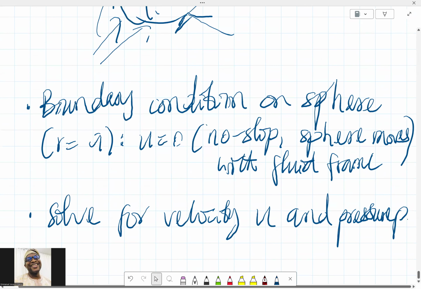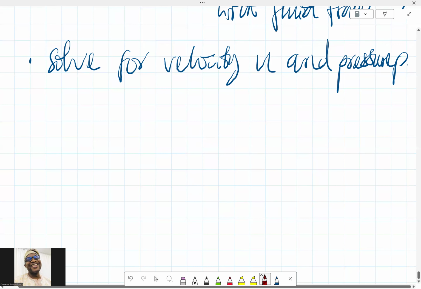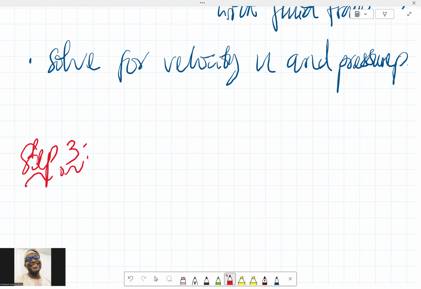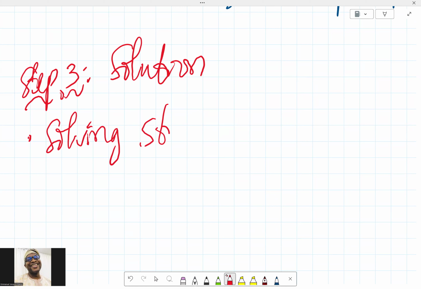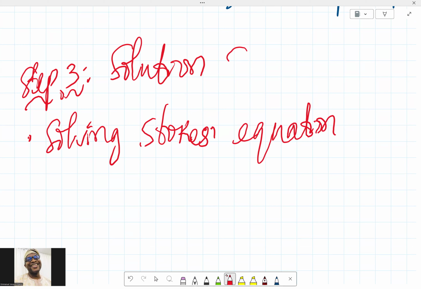Then we go for the third step, step 3, which has the solution. So we just summarize the solution. Solving the Stokes equation, solution summary. It's just a summary. We're not going into the detail.